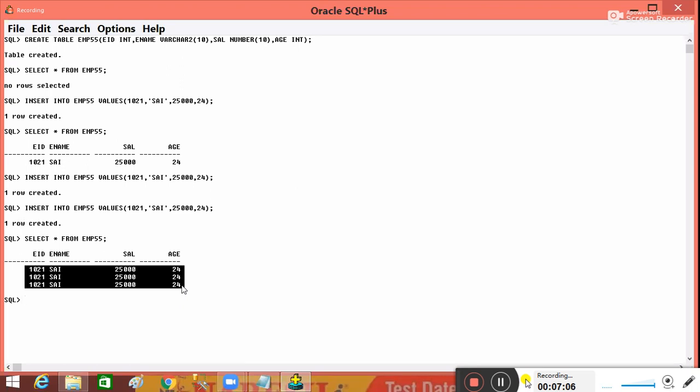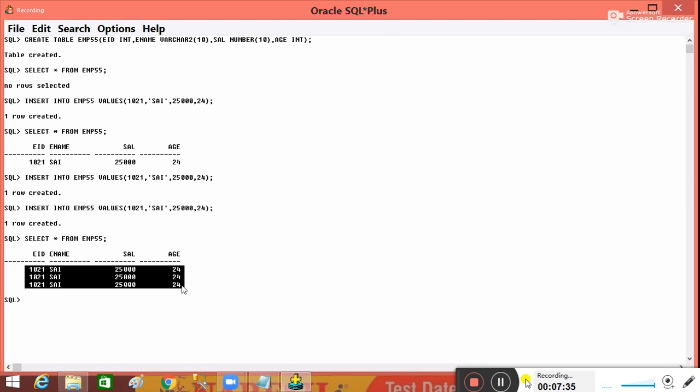But duplicate data is also being accepted into your table. The question is: why should I store and accept this kind of data? When it is a duplicate, why do we need it?